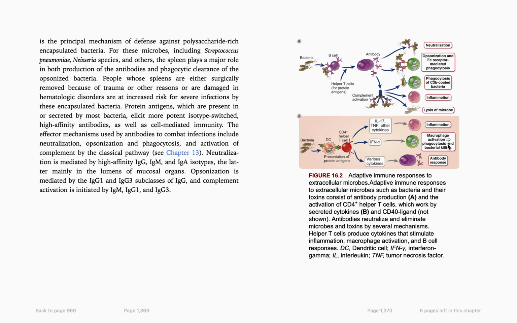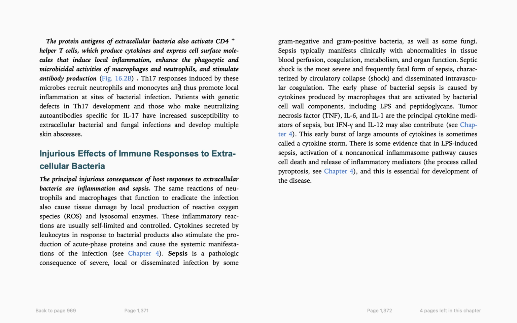So we go. The protein antigens of extracellular bacteria also activate CD4 plus helper T cells, which produce cytokines and express cell surface molecules that induce local inflammation, enhance the phagocytic and microbicidal activities of macrophages and neutrophils, and stimulate antibody production. The T helper 17 response induced by these microbes recruits neutrophils and monocytes and thus promotes local inflammation at the site of bacterial infection.